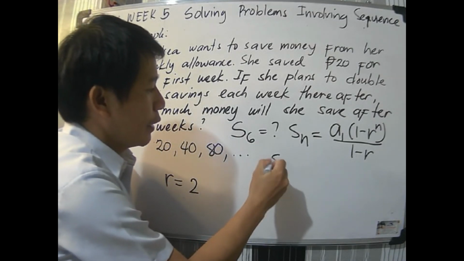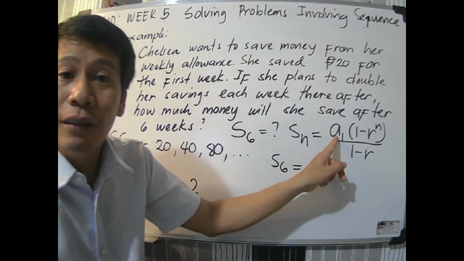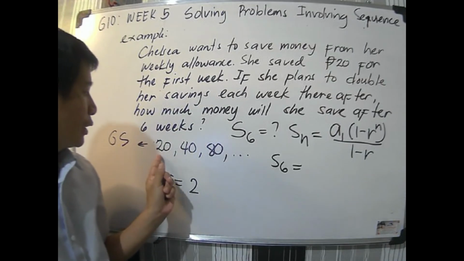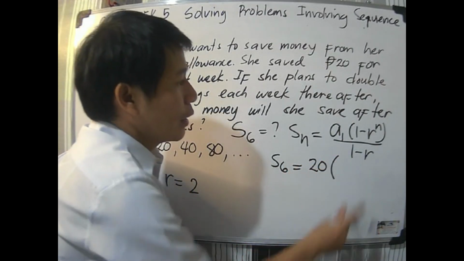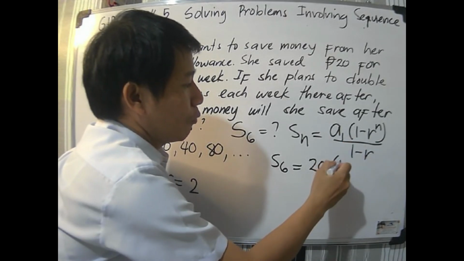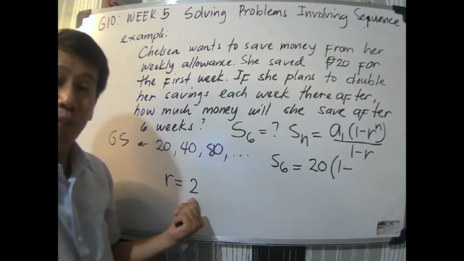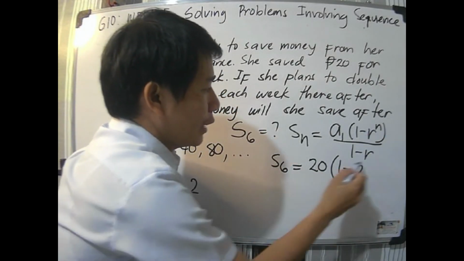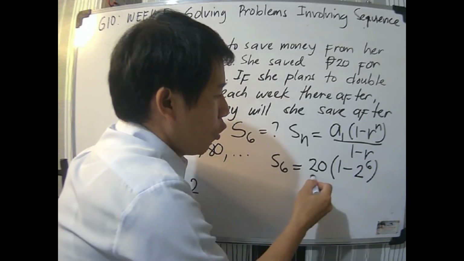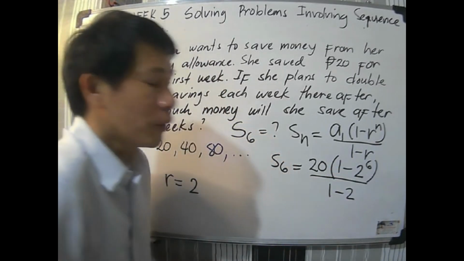So, we will have S sub 6 is equal to a sub 1 natin, yung first term in our sequence is 20. So, 20, okay, times 1, that is constant in the formula, minus common ratio is 2, right? So, 2 raised to n, which is 6, okay, all over 1 minus r, so 1 minus 2, right?